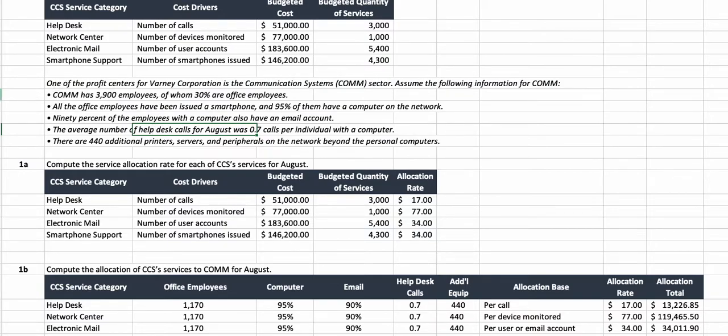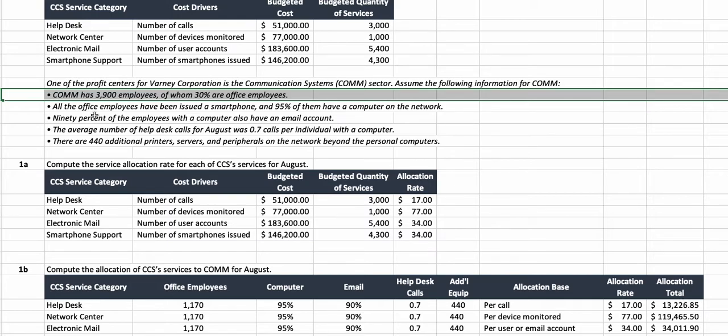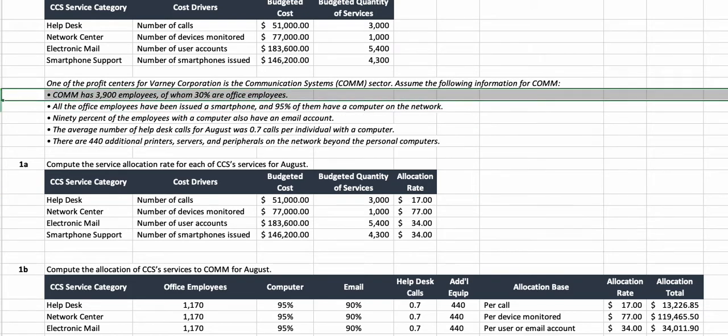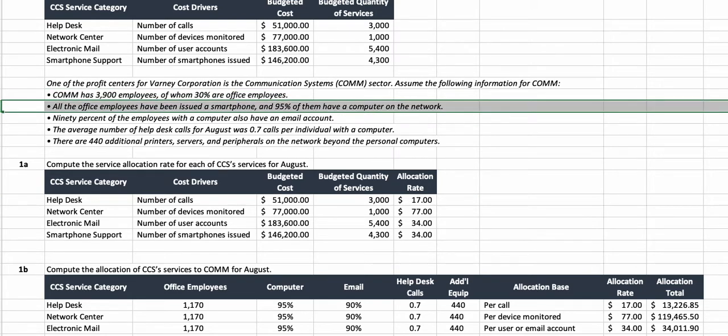So the profit center COM, which is the communication system, they have 3,900 employees. Of those 3,900 employees, 30% are office employees. All of the office employees have been issued a smartphone, and 95% of them have a computer on the network.